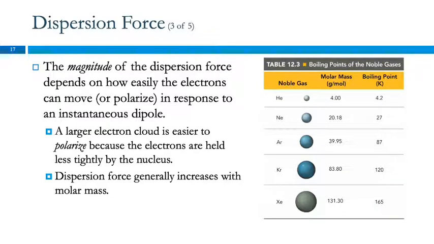We can see this reflected in the boiling point of these noble gases. Helium boils at 4.2 Kelvin, which is crazy cold, almost absolute zero. And xenon boils at 165 Kelvin. Still very, very cold, but significantly higher than helium. The boiling point reflects the strength of the intermolecular forces.